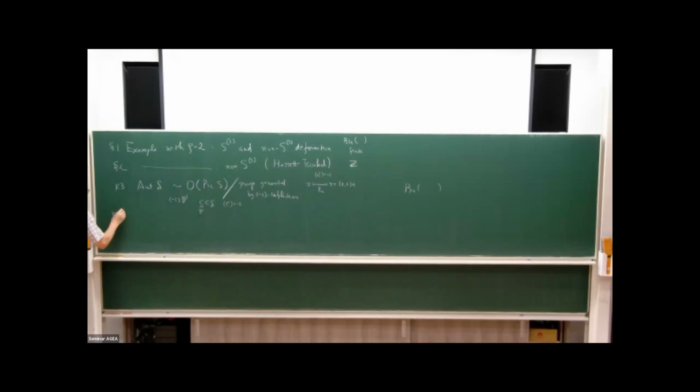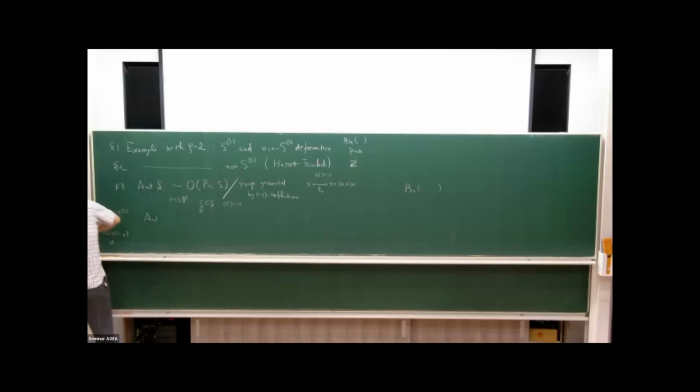And for the K3^[2], the Hilbert square, it is almost the same. In higher dimension, for the K3^[n] case, we need classes with this property, not only this one but some other classes also. But for n equal to 2, this is -2.